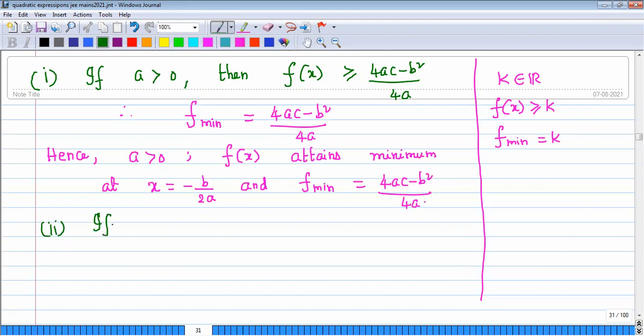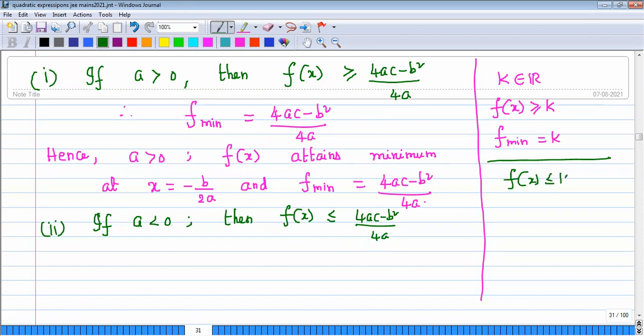Suppose a is less than 0, then f of x will be less than or equal to 4ac minus b square by 4a. Suppose similarly k belongs to R and f of x is less than or equal to k, then f maximum will be k. Because suppose f of x is less than or equal to 3, all the values will be less than 3 itself, then obviously 3 becomes the maximum. So the maximum value of f is equal to 4ac minus b square by 4a.